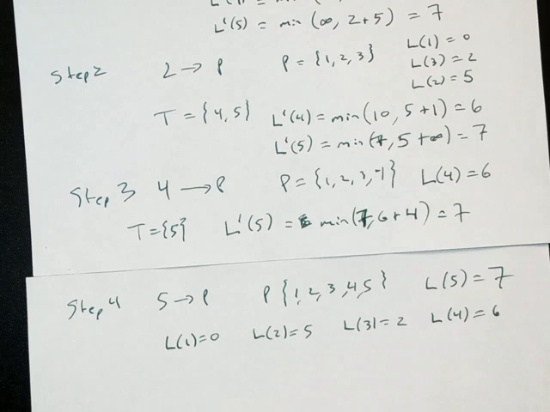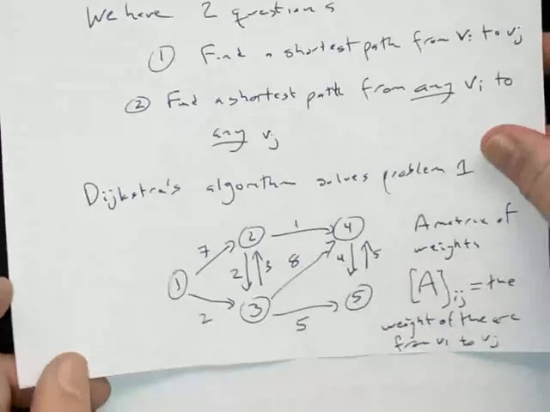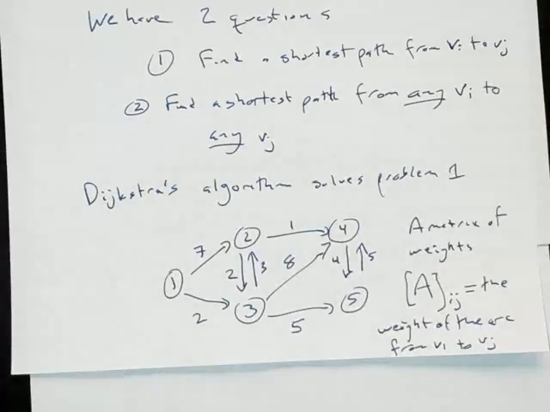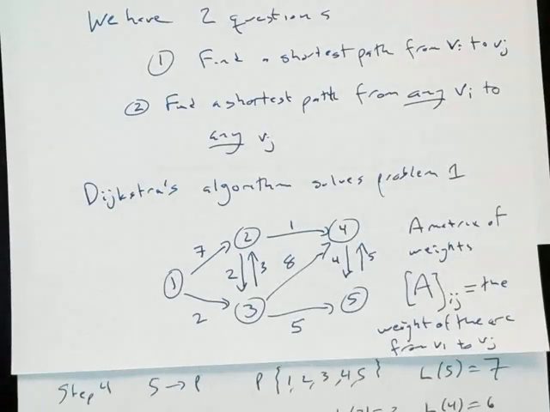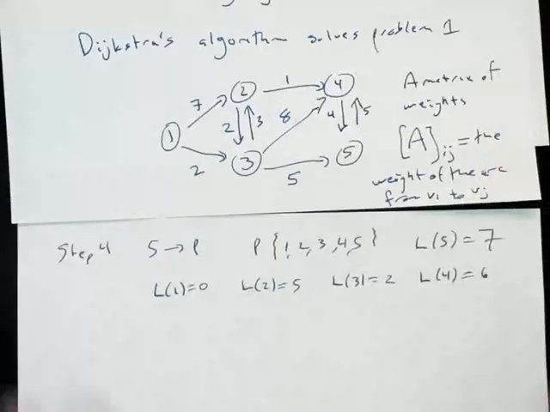Let's go back to our digraph. These labels represent the shortest path and the distance from 1 to each of those vertices.